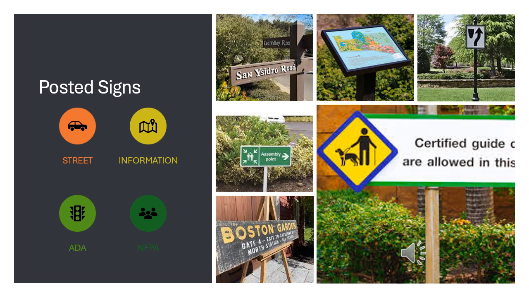Then there are also signs that help divert or show pedestrian traffic, moving them in a direction towards where the event is. Other signs can display a location or a map in order to give people understanding of where they're at and where they need to go.